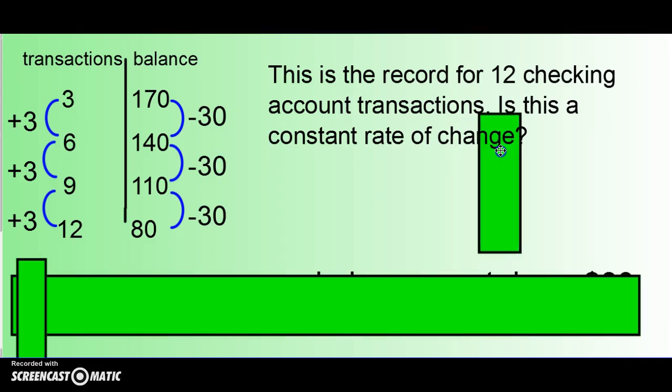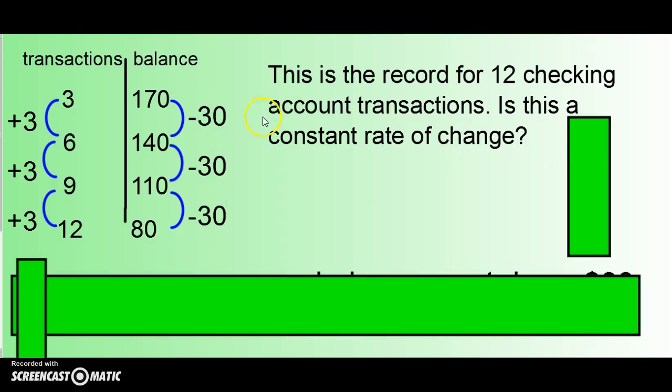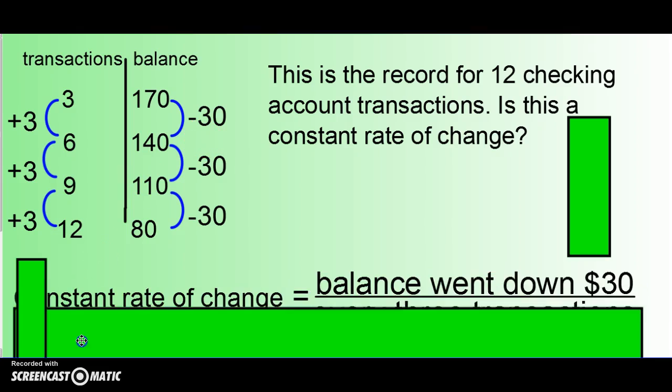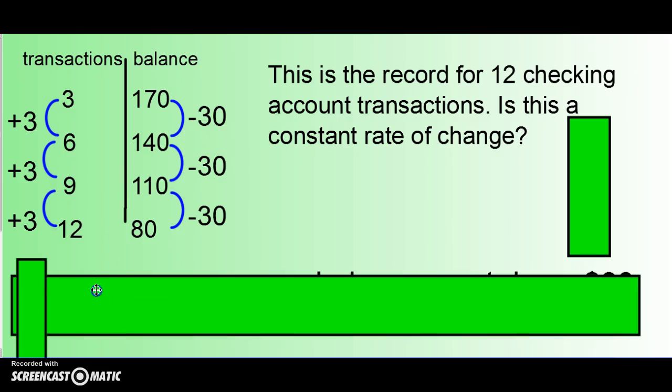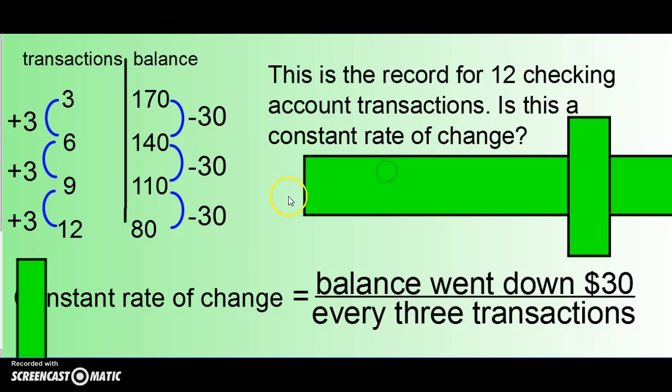So we would say the balance is changing at a constant rate because it's going down $30 every 3 transactions, or we could reduce that to say $10 every transaction.